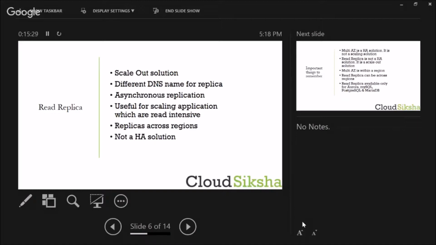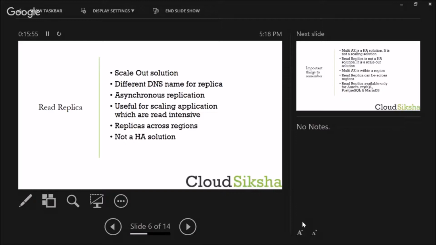So what you can do in these cases is make a replica of the database. This replica is a read-only replica, and a new instance is created, and this instance is in asynchronous replication with the primary read-write instance.